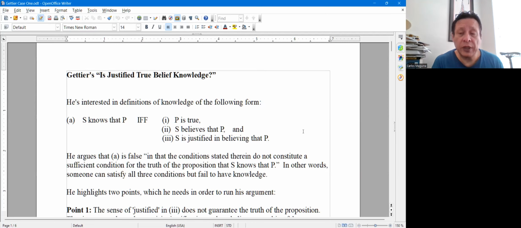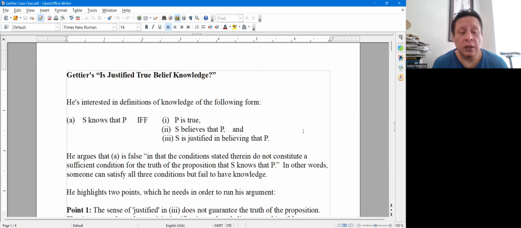That's not a reliable means. We don't consider that a reliable method for acquiring true beliefs. So the justification can only be satisfied by certain methods of acquiring your belief.